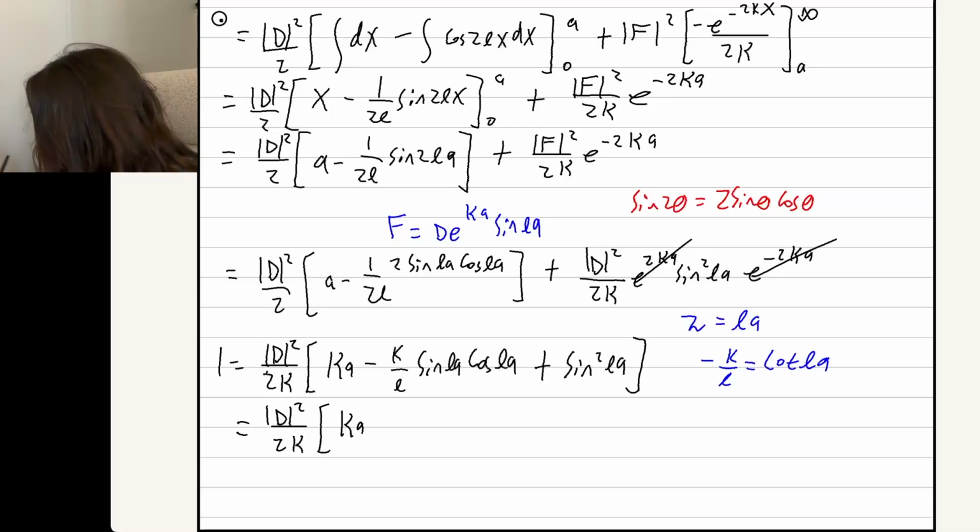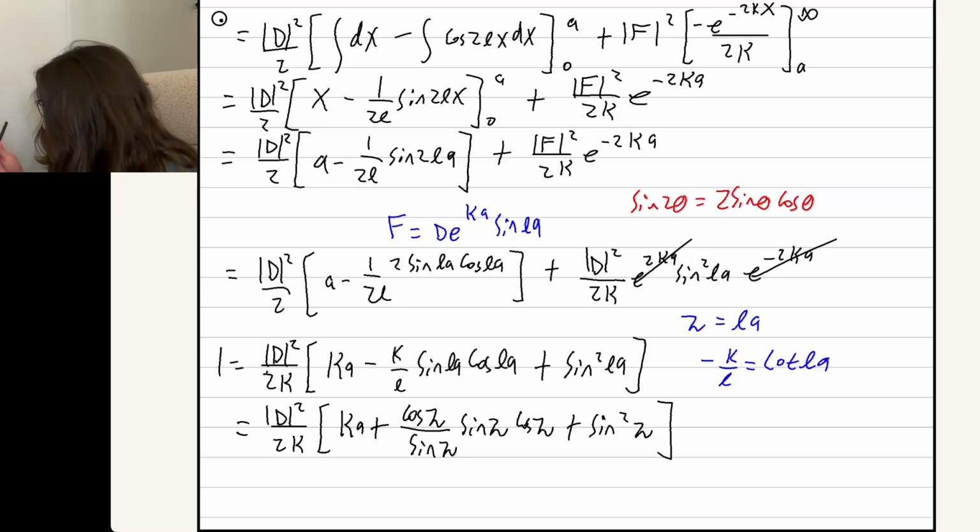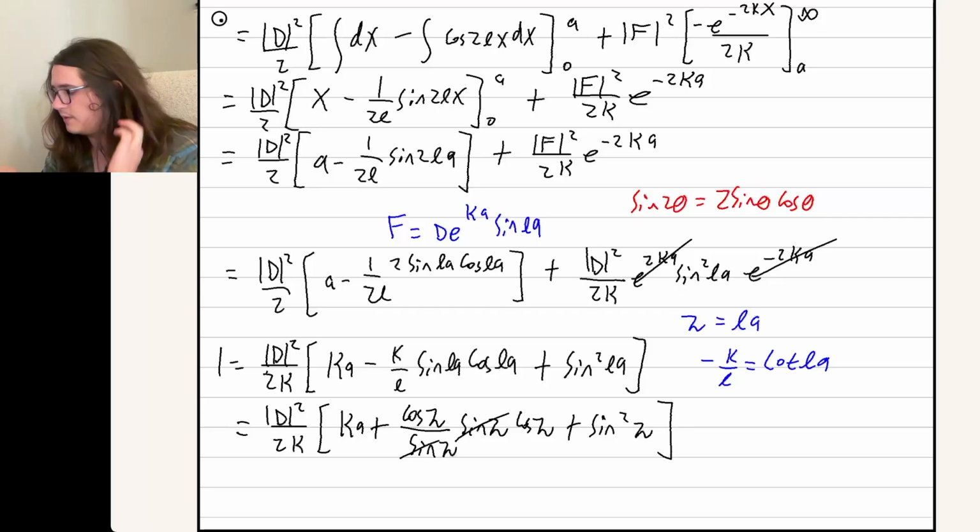kappa A plus cosine z over sine z, sine z cosine z plus sine squared z. And then bada bing, bada boom, those signs cancel out.